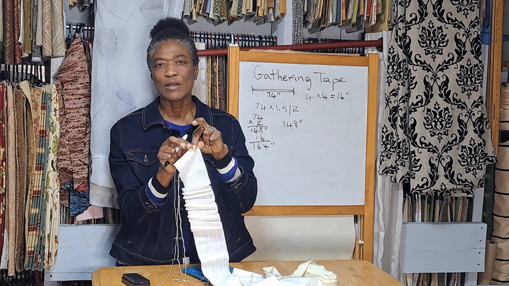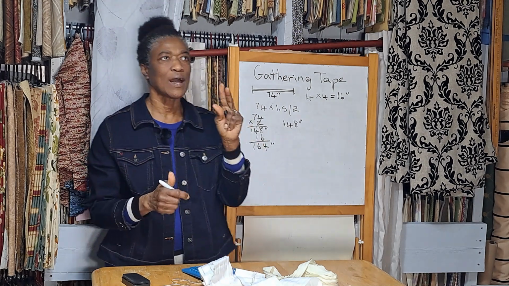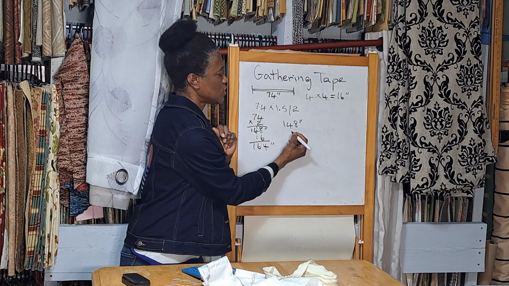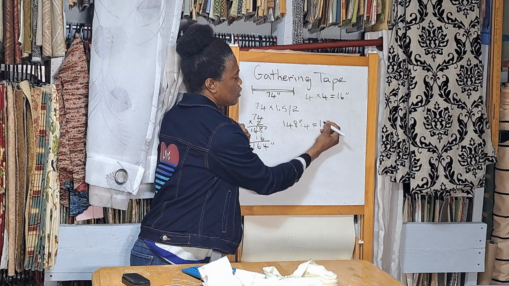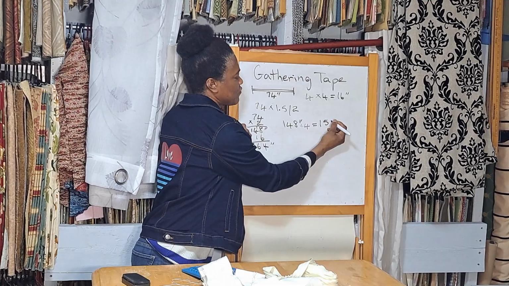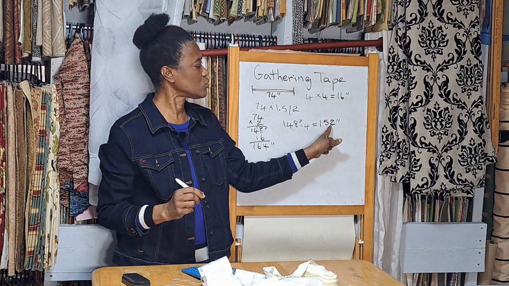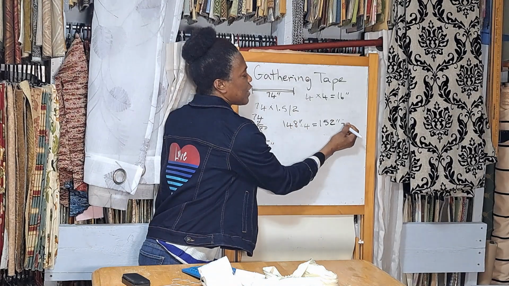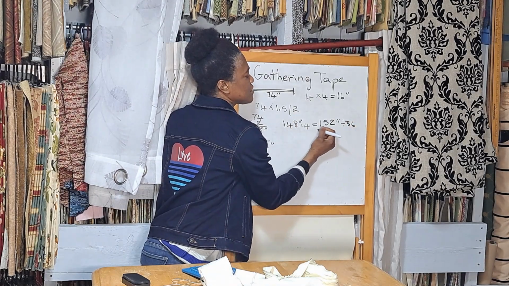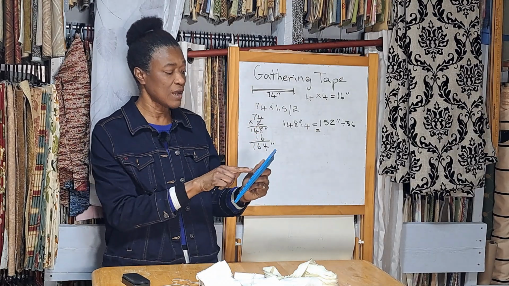Therefore, if we're allowing an inch for each side, it's going to be an additional 4 inches. So that's plus 4 equals 152 inches. Now what we do with this 152 inches is divide by 36 because there are 36 inches in a yard.